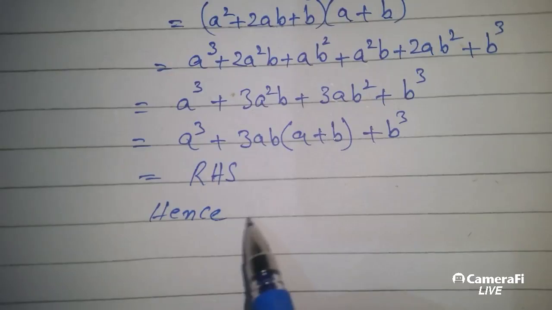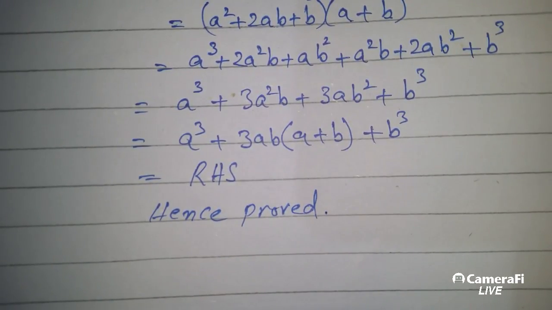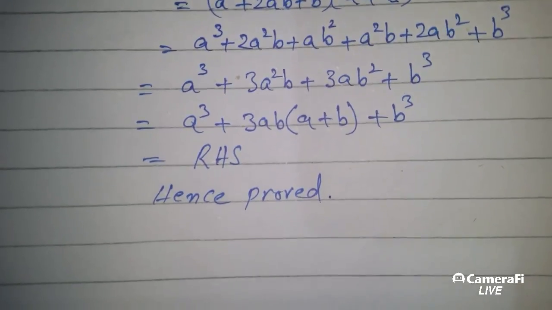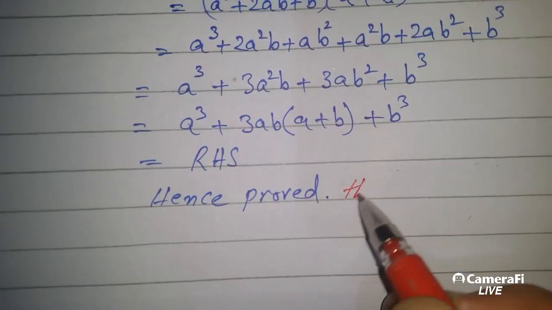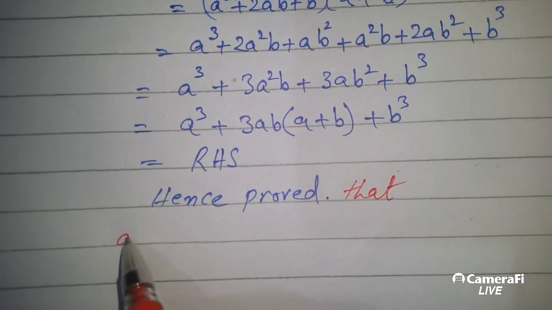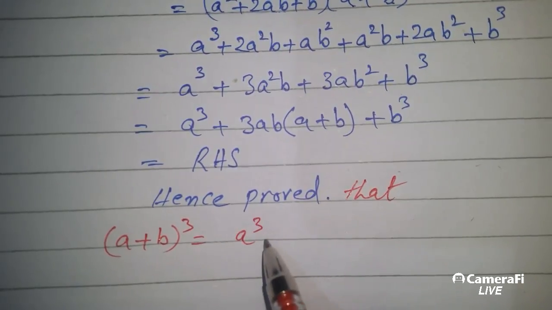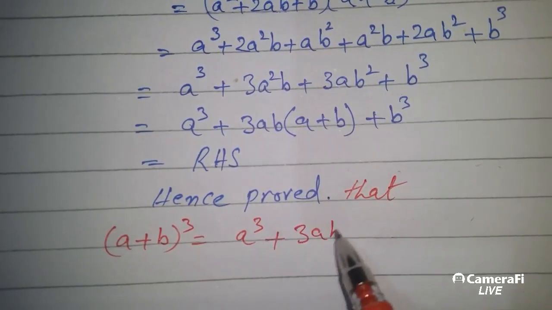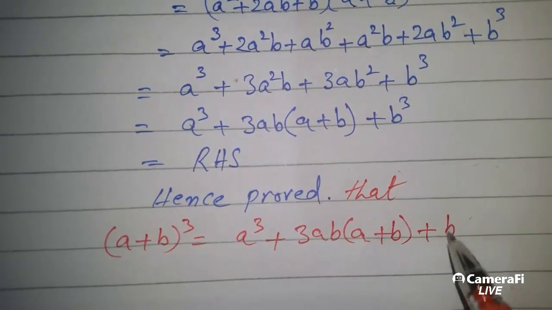Hence proved. That (a plus b) whole cube equals a cube plus b cube plus 3ab into (a plus b).